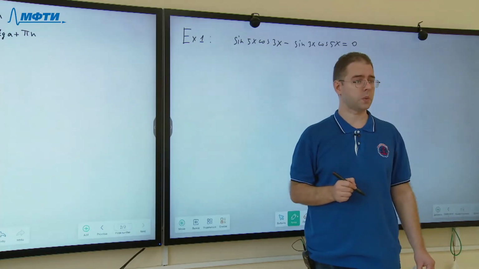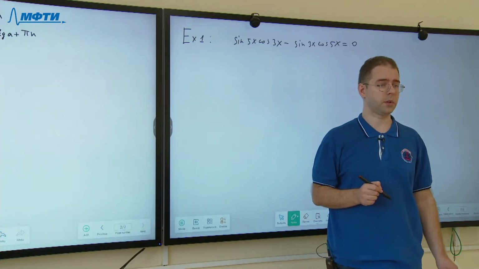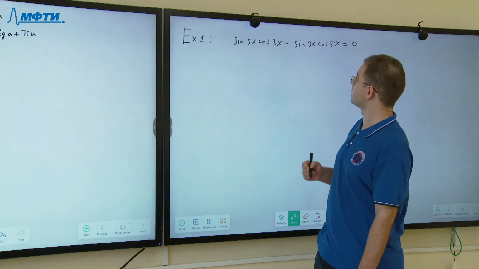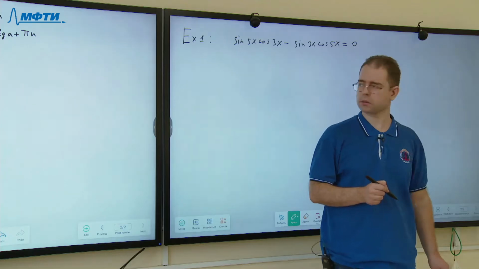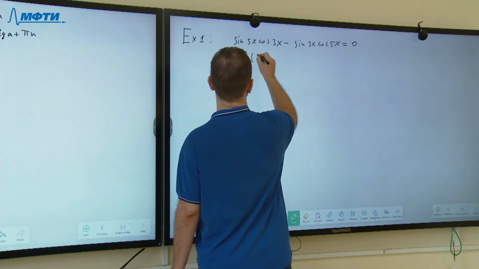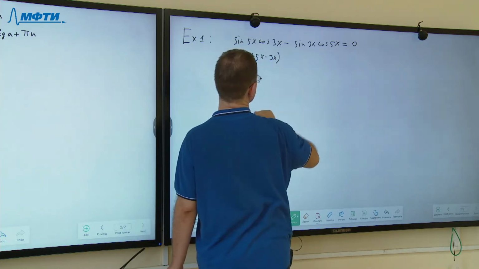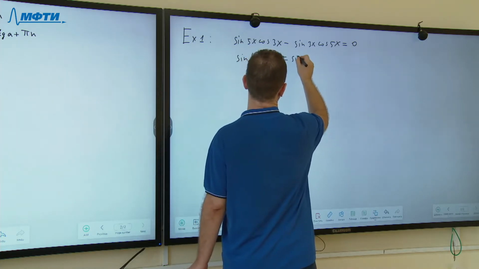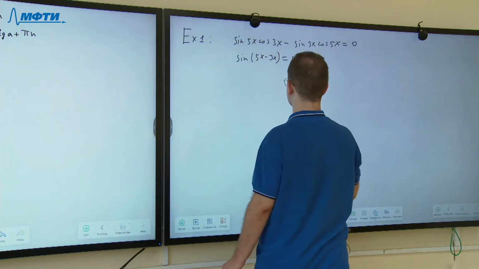First step is we use the formula for what is this? This is the sine of a subtraction. So this is sine of 5x minus x, which is of course just sine of 4x, which is 0.